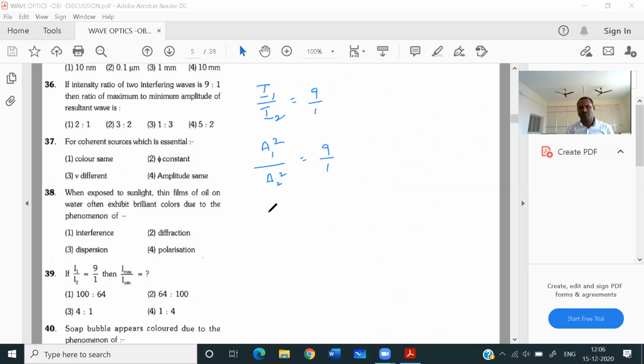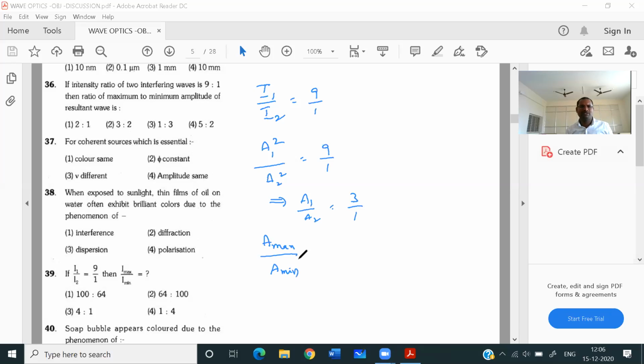Then what is A1 by A2? A1 by A2 will be 3/1, under root. Now they're asking the ratio of maximum to minimum amplitude.